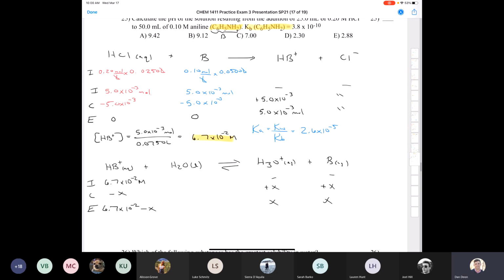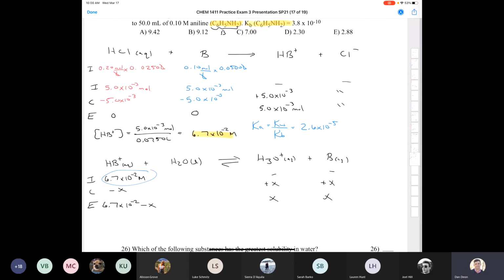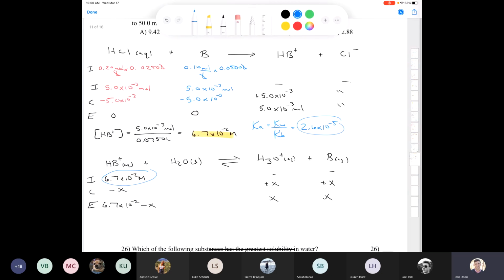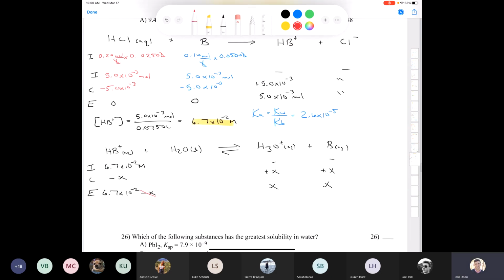Well, you can see that the initial concentration of the conjugate acid is greater than 100 times the Ka, and that means that we can ignore this factor right here. Now it's just a matter of solving that the Ka is equal to x squared over 6.7 times 10 to the negative 2. Again, our Ka is 2.6 times 10 to the negative 5.